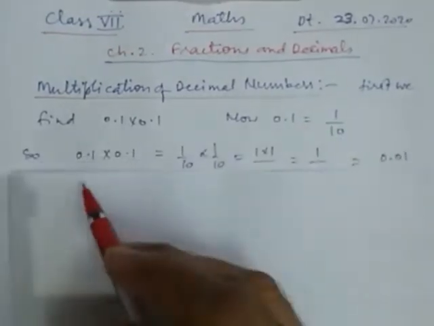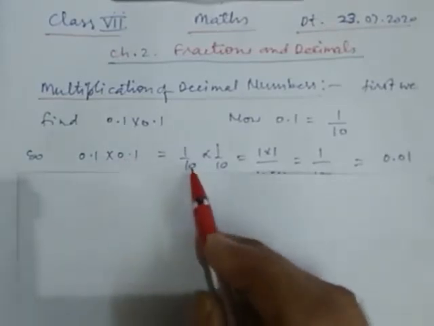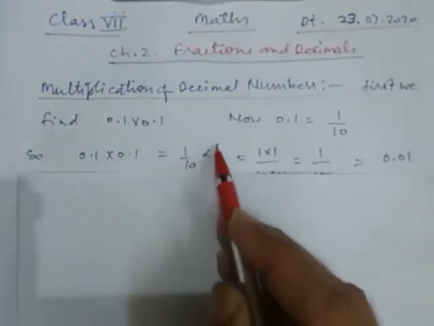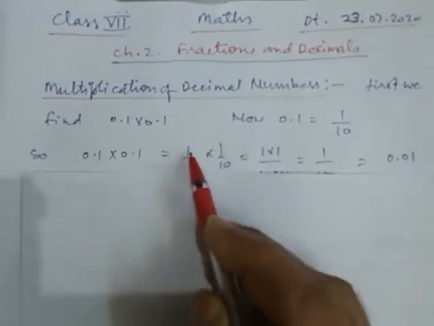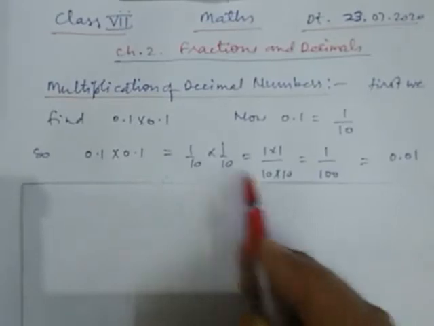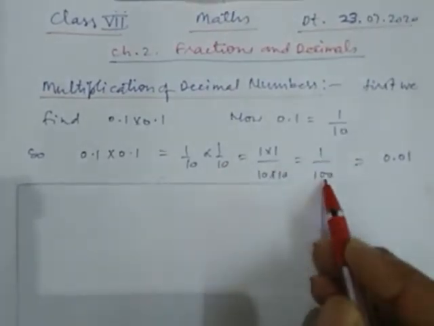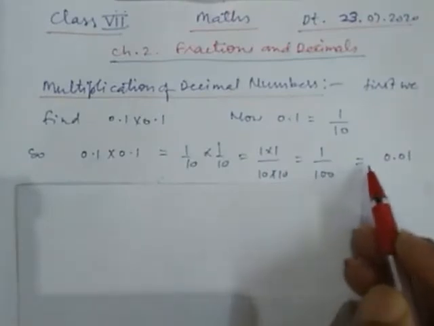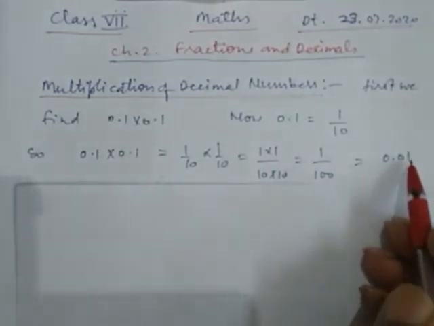So 0.1 into 0.1 can be written as 1 by 10 into 1 by 10. First we multiply them: 1 into 1, 10 into 10. So it becomes 1 by 100. And 1 by 100 can be written as 0.01, as we learned in our previous session.